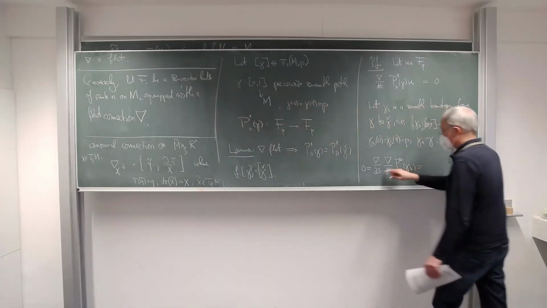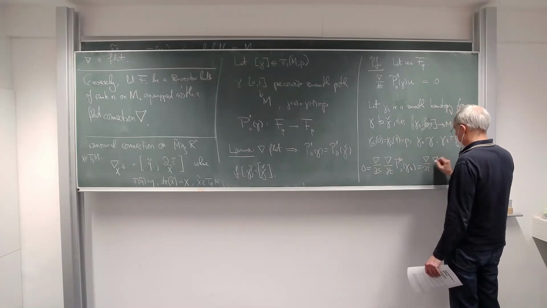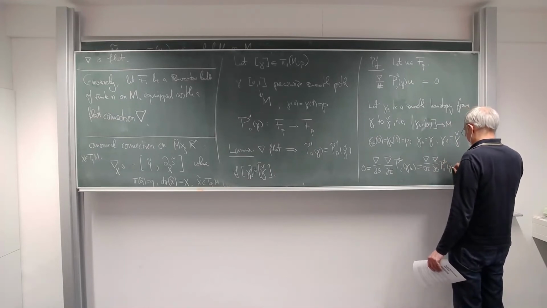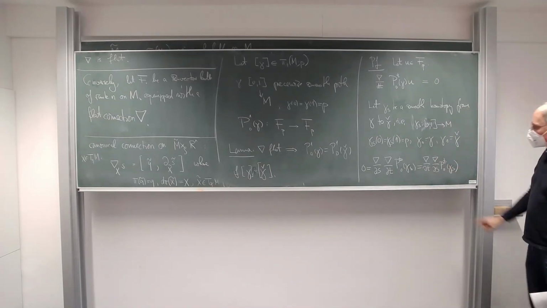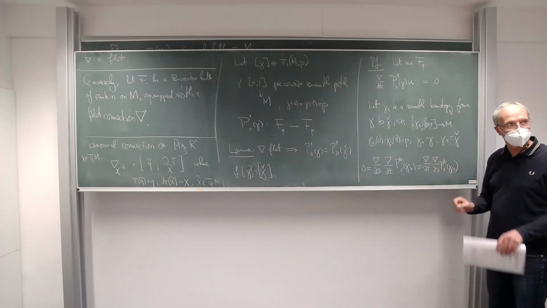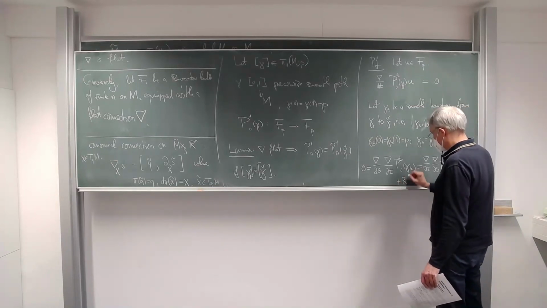Now, let me turn these two derivatives around. But then there is a correction term. I cannot just commute covariant derivatives. And the correction term is, of course, just a curvature.